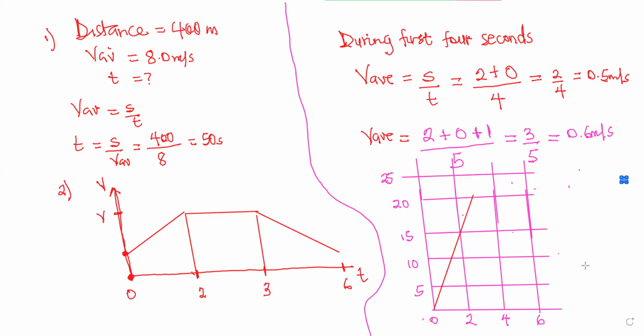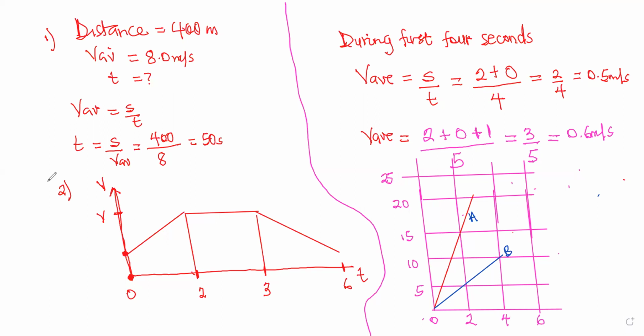That of B also starts from rest, passes through 5 and 10, and ends exactly here. Class, are you with me? Yes, please. So this is A, this is B.